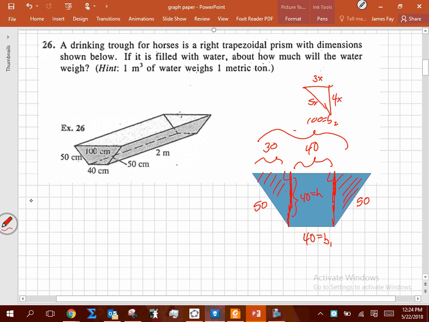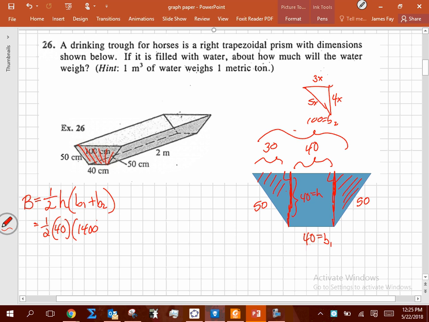We need that because, if you remember, the area of a trapezoid is 1/2 the altitude times B1 plus B2. So that's going to give me the area for this base here. So 1/2, H is 40, B1 plus B2 would be 140.